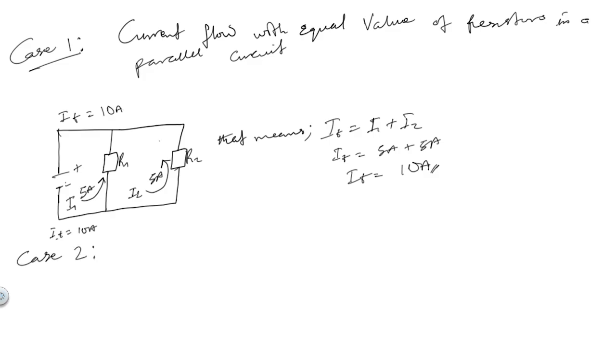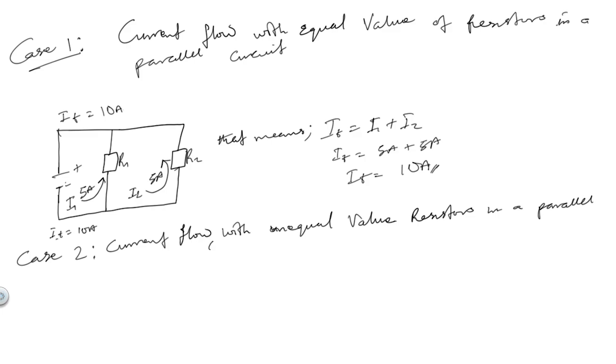We say current flow with unequal value of resistors, when the resistors are not of the same value in a parallel circuit. Hope you're understanding. We would still maintain this drawing or sketch, sorry.